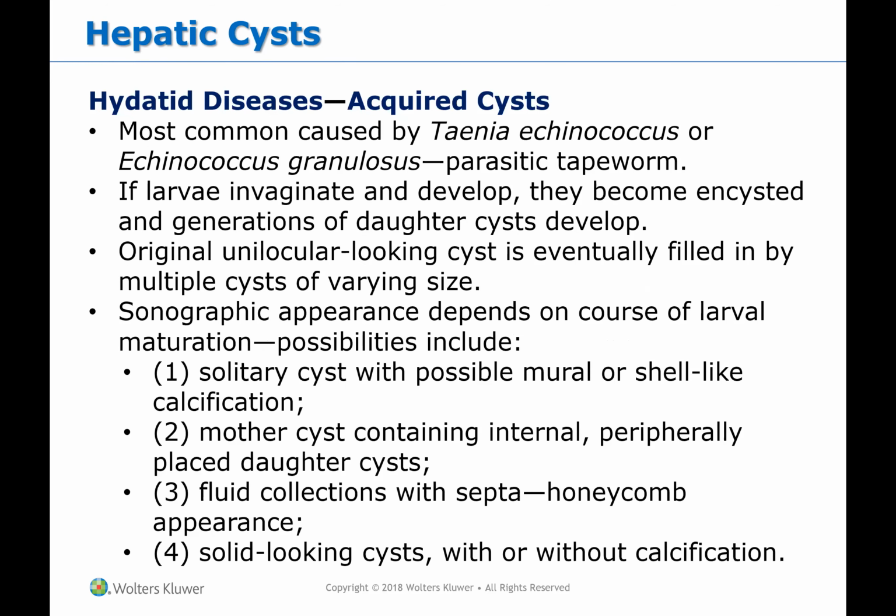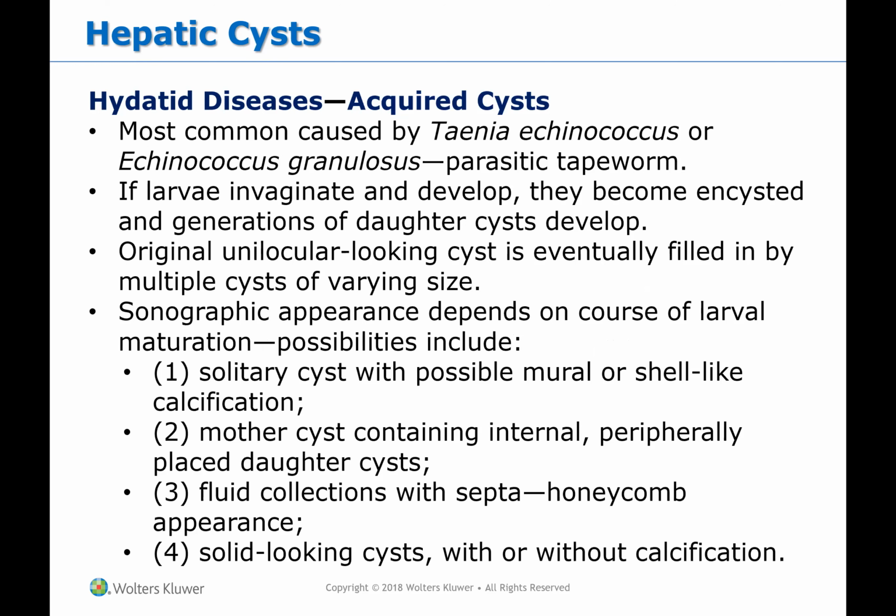I always thought these were kind of gross, but I'm interested in them. But then I'm like, oh my gosh, hydatid disease, an acquired cyst. The most common are these two, parasitic tapeworms. If larvae invaginate and develop, they become encysted and generations of daughter cysts develop.